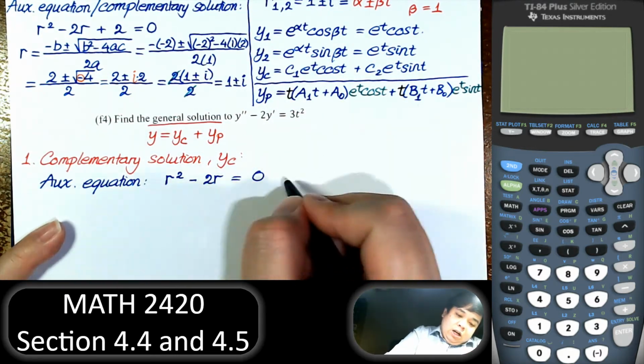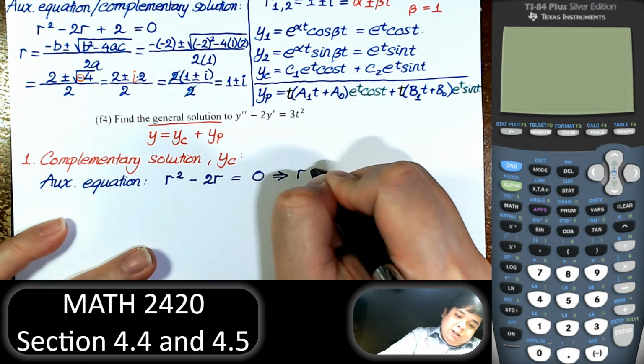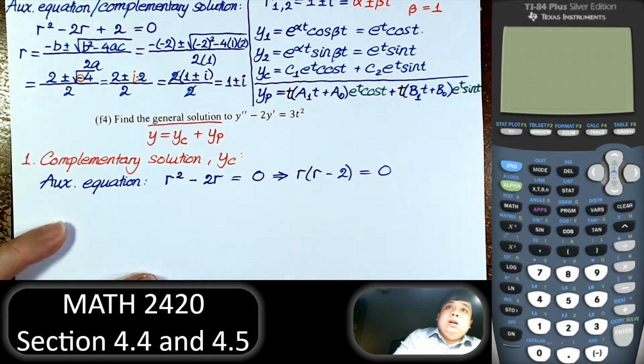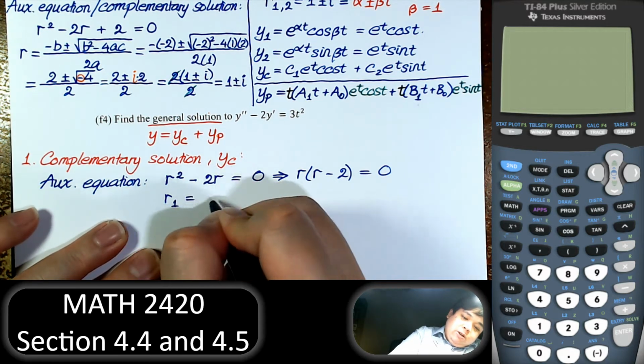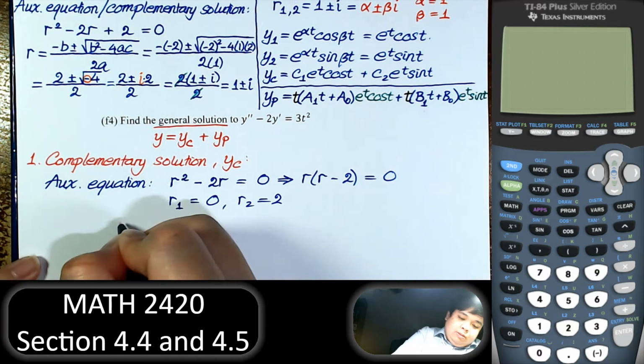Right, so factor it out. So we have r1 equal to 0 and r2 equal to 2.